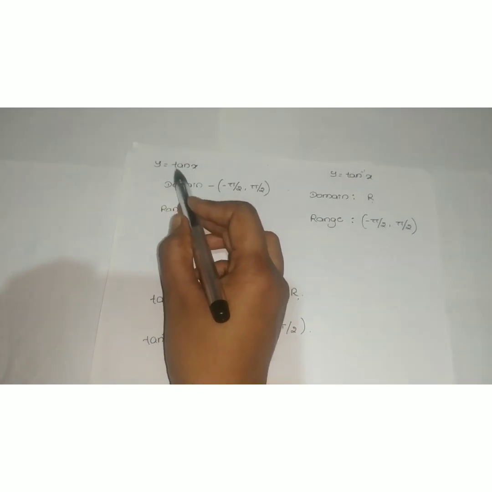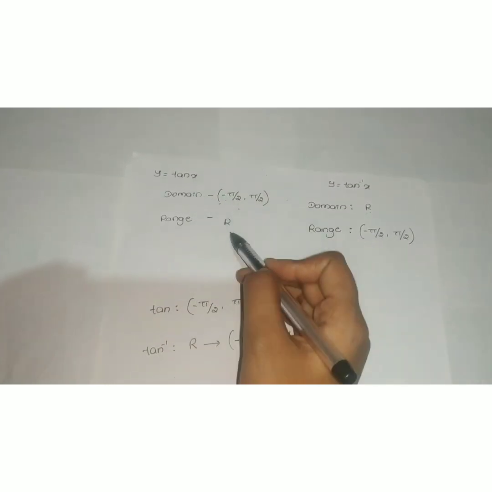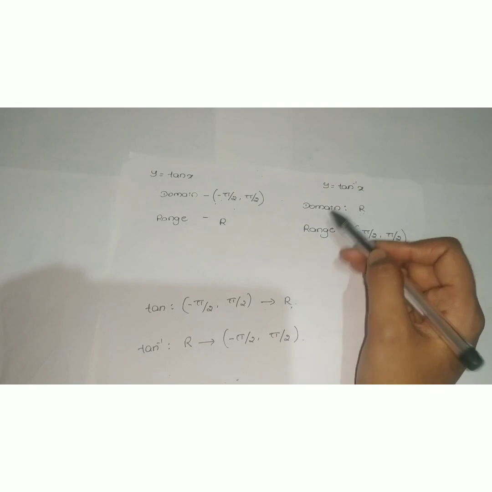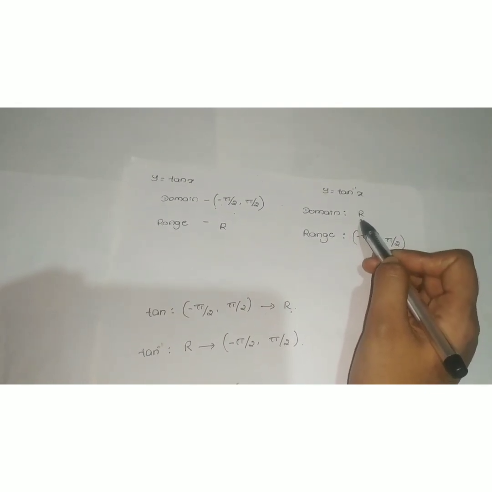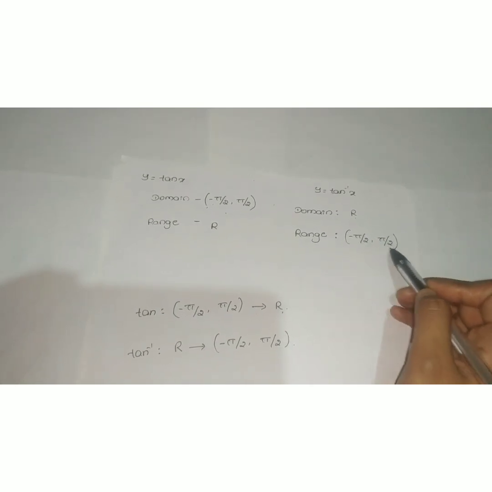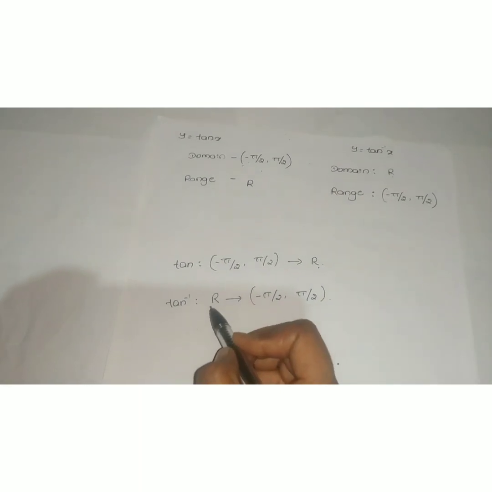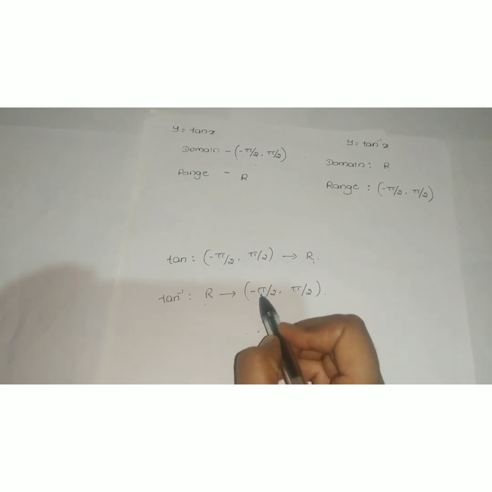The domain of the restricted tan function is the open interval minus π/2 to π/2, and the range of the tan function is all real numbers. In the inverse function, the domain of the tan inverse function is all real numbers, and the range is the open interval minus π/2 to π/2. So tan is a mapping from the open interval minus π/2 to π/2 to the set of all real numbers, and tan inverse is a mapping from the set of all real numbers to the open interval minus π/2 to π/2.